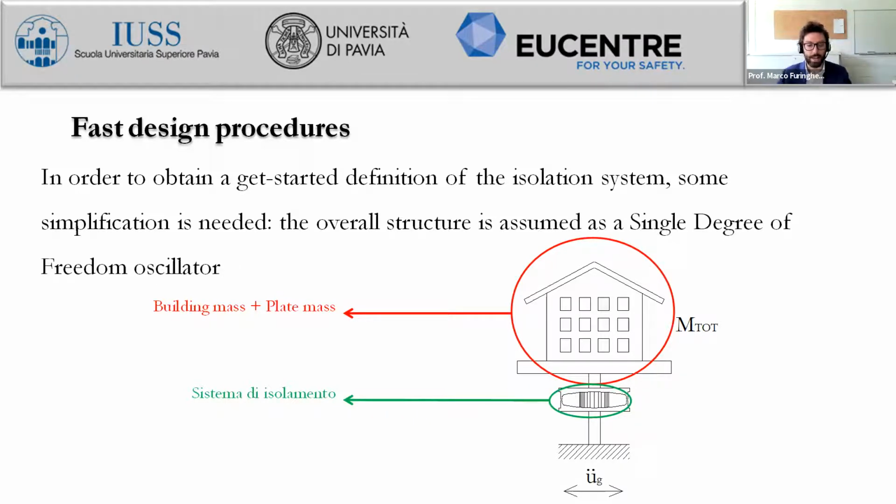Since everything is simplified, because we just have to come up with a first guess of the definition of the isolation devices, we can consider a simplified model of the overall structural system. Among all the strategies for simplifying our system, we consider the base isolated structure as a single degree of freedom oscillator.